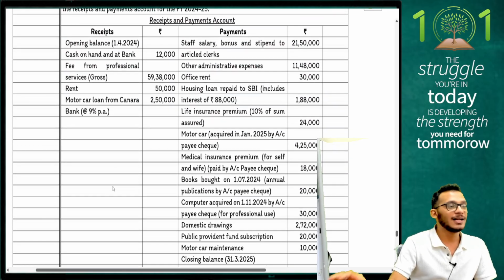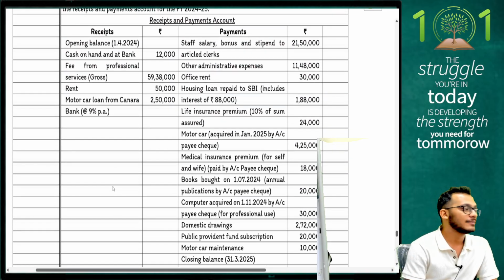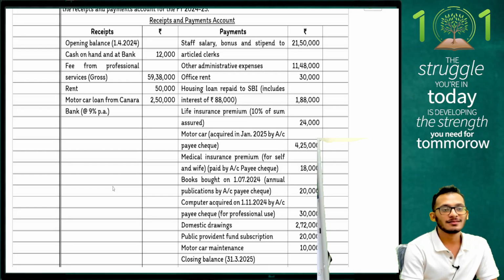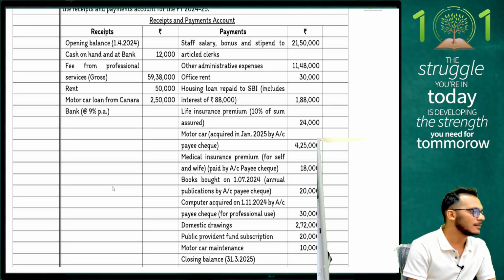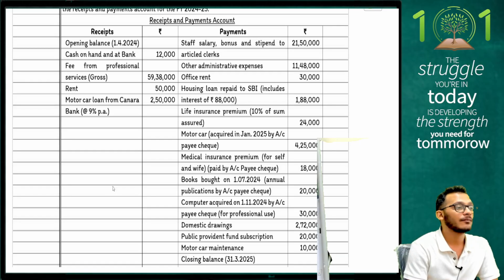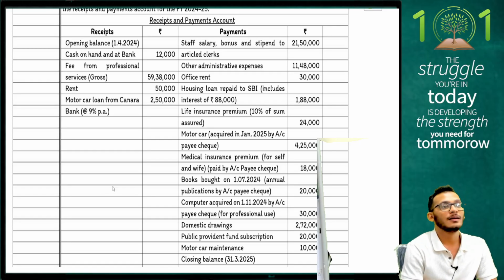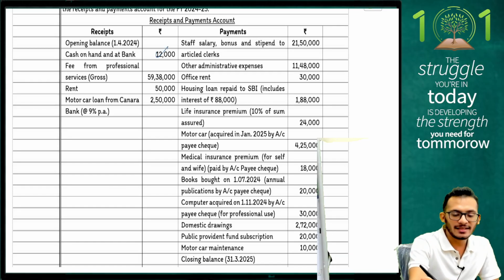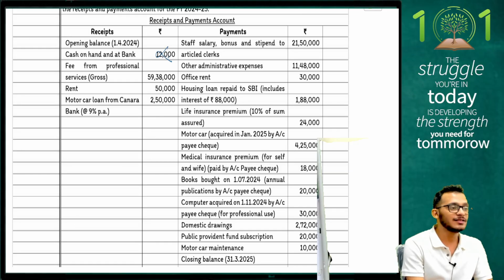Yes, people, now tell me which side, left side or right side? Left first, because I want to look at my incomes first. Look at each item and tell me which head, whether we should take it or ignore it. First item says opening balance of cash, because it is a balance sheet entry, ignore. Then fees from professional services 59,38,000.